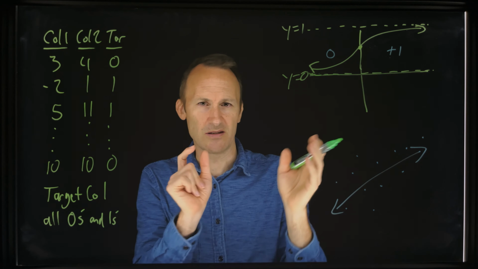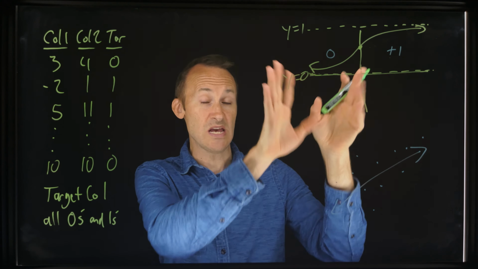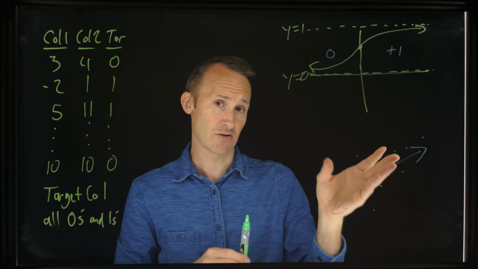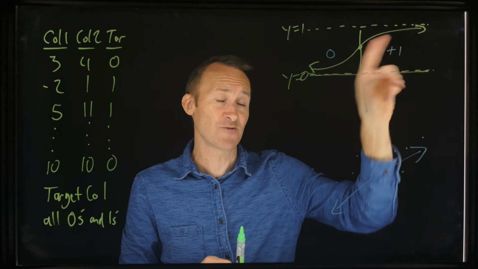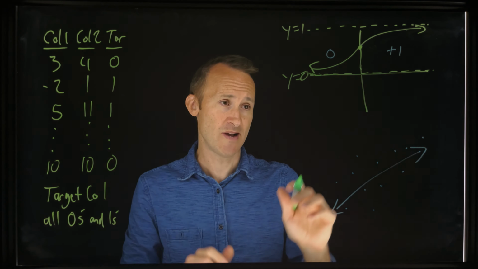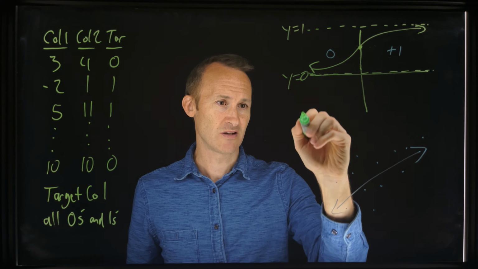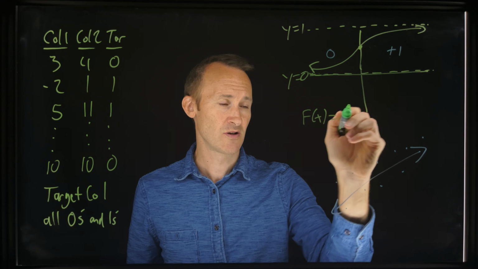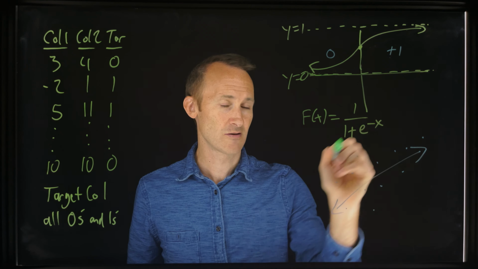That's the idea. For linear regression, it's actually a straight line. For logistic regression, it's this. This is called the sigmoid. And there is a mathematical function that does this beautifully. And I believe it is f of x equals 1 over 1 plus e to the negative x.